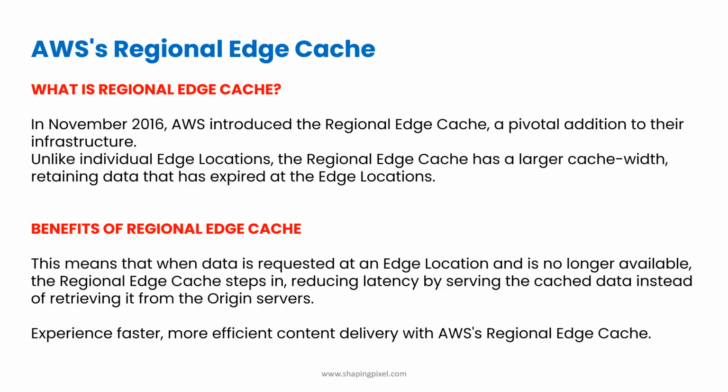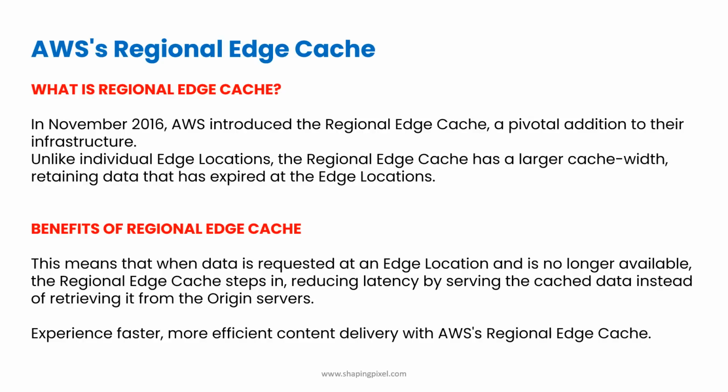So let's dive into AWS Regional Edge Cache. In November 2016, AWS introduced the Regional Edge Cache, a pivotal addition to their infrastructure. Unlike individual edge locations, the regional edge cache has a larger cache, retaining data that has expired at the edge locations.